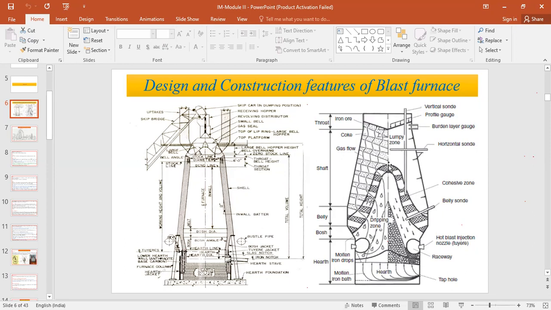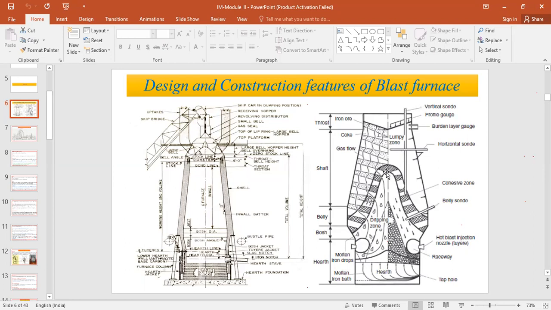So the start of the cohesive zone represents the softening of the iron bearing material, the softening temperature, and the end of the cohesive zone represents the melting of the iron bearing material. In this zone, the iron bearing material softens and forms a semi-solid, and then it completely transforms into liquid form.